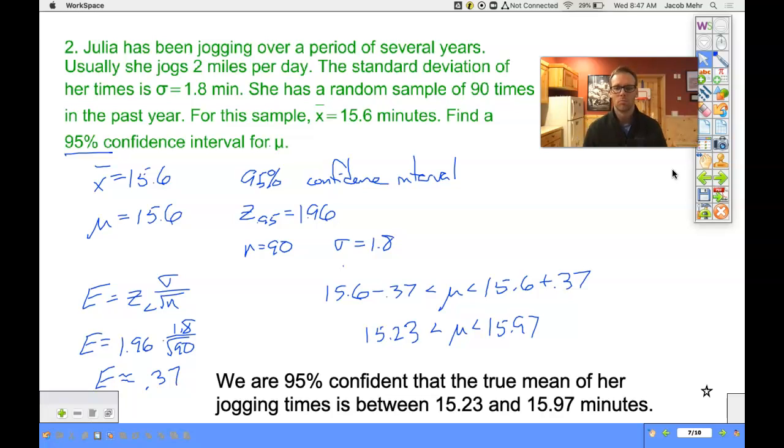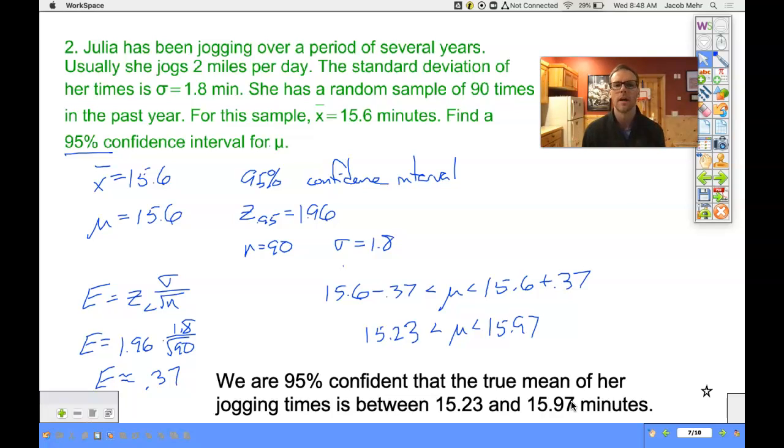Okay. Now, could we be wrong? Could it not be between 15.23 and 15.97? It's possible. We're 95% confident that's in there. So we're saying there's a 5% chance that we could be wrong, that it's not between those two times. But we're 95% confident they're between. That's really cool.